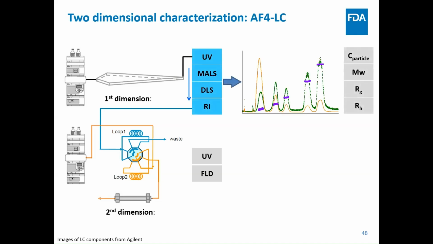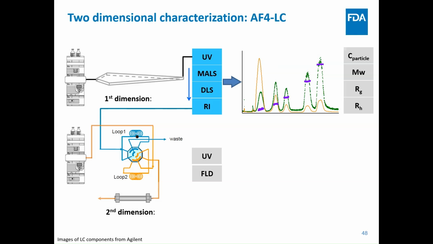In that case, we know the particle size, the molar mass, their shape, and the concentration of each size fraction. And each separated fraction will then enter the second dimension.